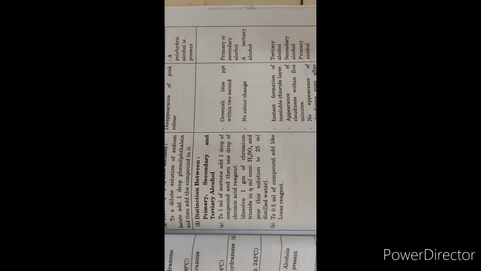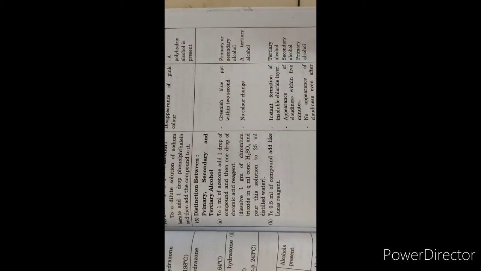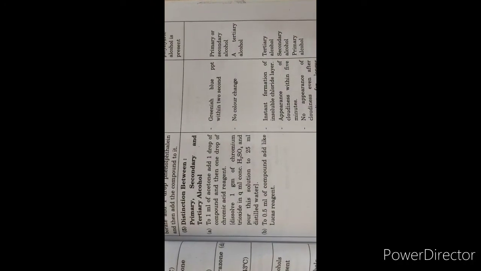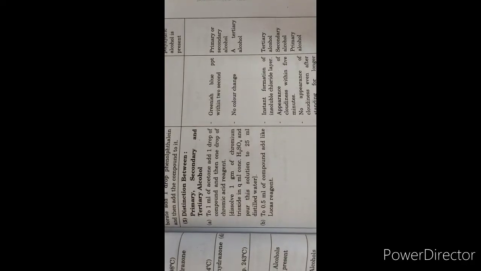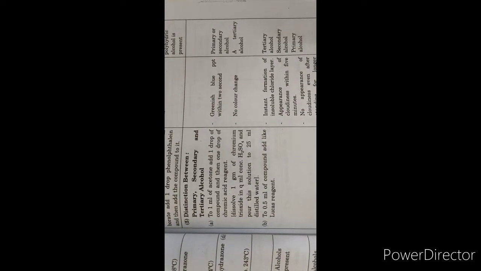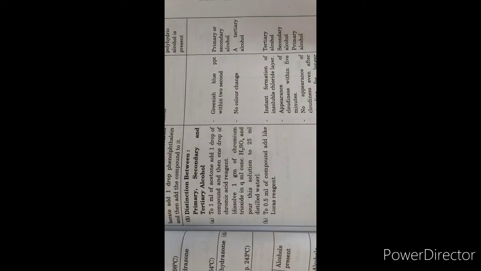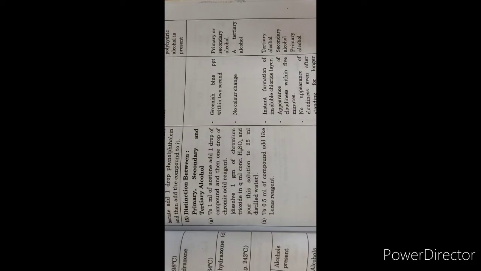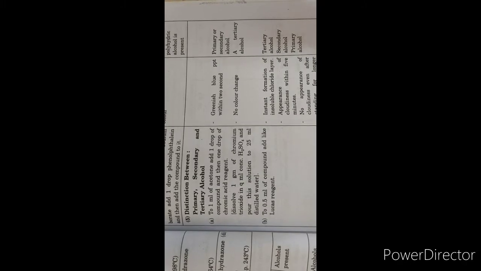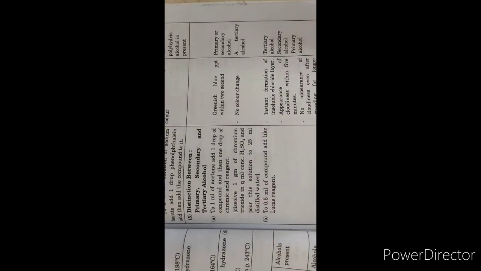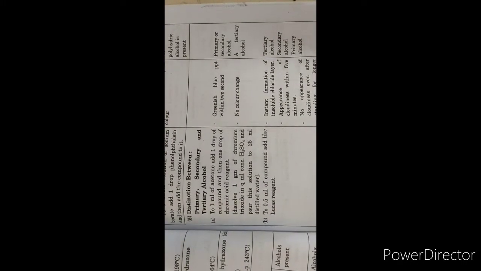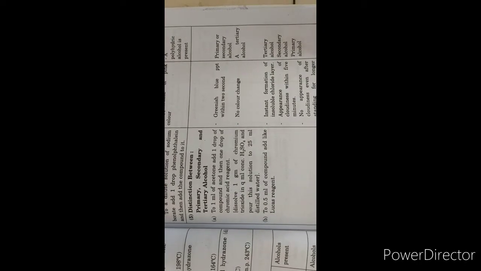Now we have to differentiate between primary, secondary and tertiary alcohol. For this purpose we have to take 1 ml of acetone and 1 ml of compound, and to that add 1 to 2 drops of chromium trioxide or chromic acid reagent.